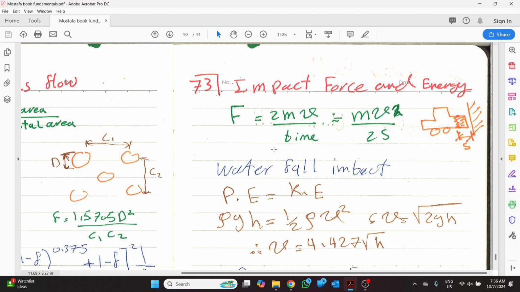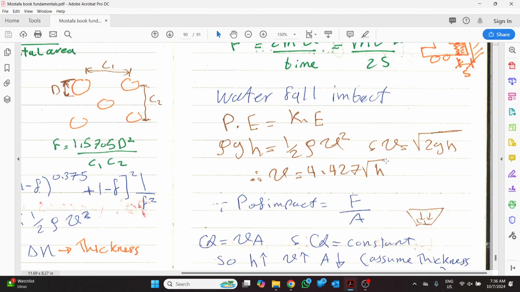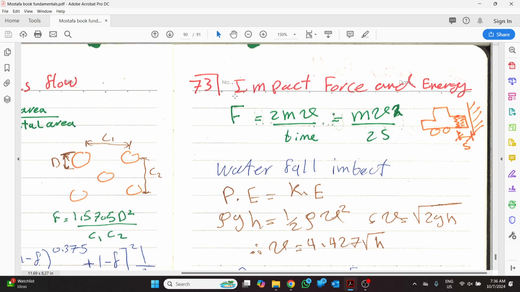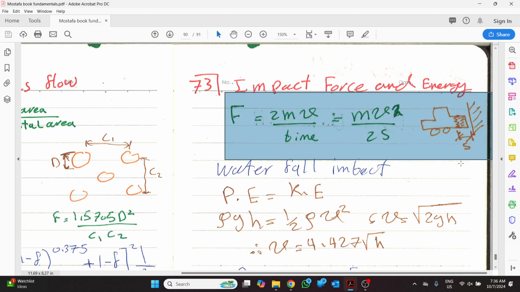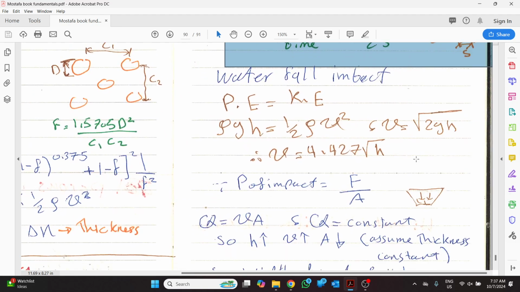It is very easy, because this one is length over v², length over time, so the time will cancel and it will be the same. Okay, this is a fundamental which we need to know, the force of the impact. Why? Especially for waterfall impacts, which you need to simulate sometimes.